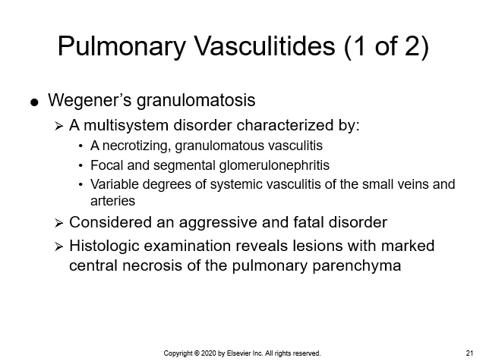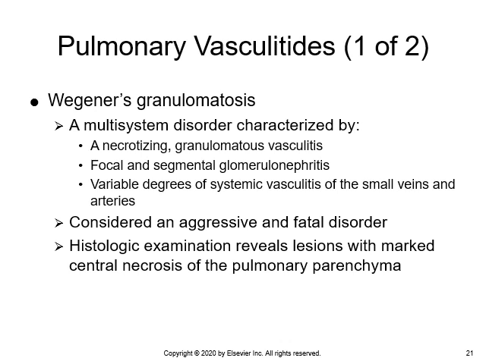Wegener's granulomatosis is a multisystem disorder characterized by a necrotizing granulomatous vasculitis, focal segmental glomerulonephritis, and variable degrees of systemic vasculitis of the small veins and arteries.